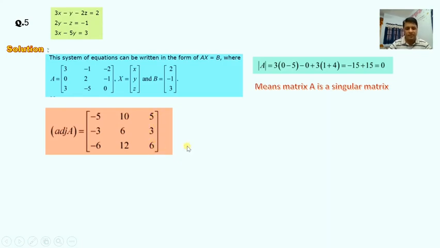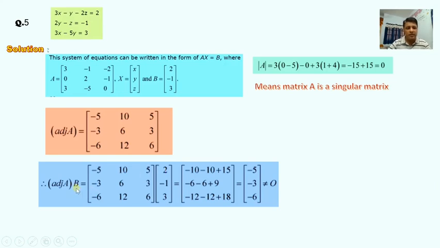Now what is our next step? Having found this adjoint of A, we take the product of B with it. The adjoint of A is this matrix, and the B matrix is the right hand side, that is 2, minus 1, 3. Now the order of this matrix is 3 by 3 and the order of this B matrix is 3 by 1, so the resultant matrix will be of order 3 by 1, 3 rows and 1 column.